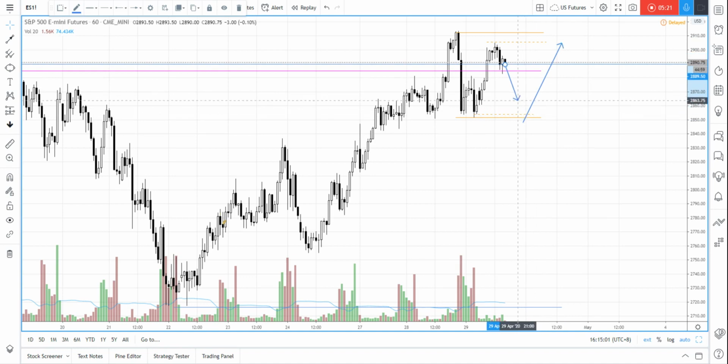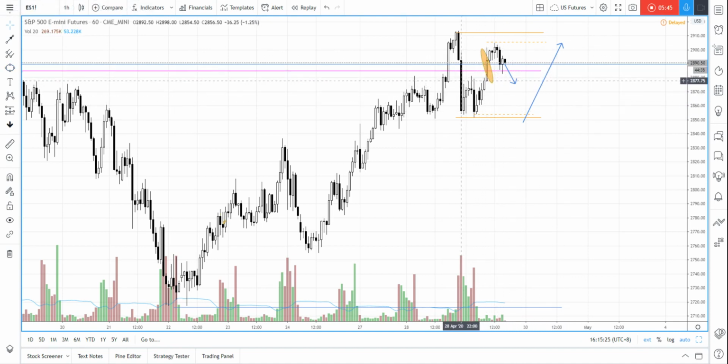And if the price doesn't really fall to this 2850 level, then I'm looking at around 2880. Basically it's a test of this big spread bar. Let me highlight here: this is the bar that I'm talking about. I think this also coincides with a resistance-turned-support level here, where the breakout happened.